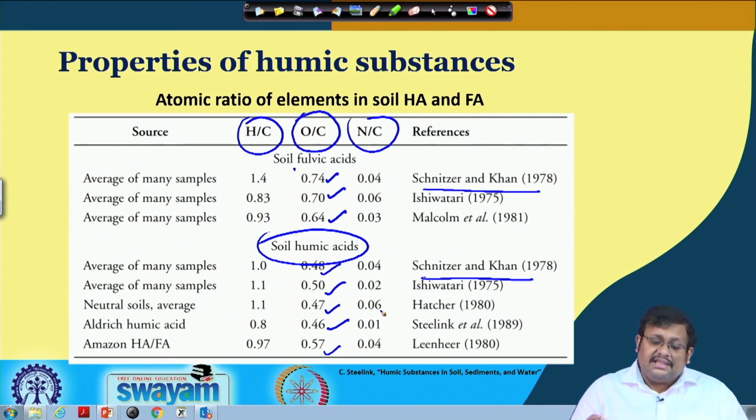So, one thing is clear, that this OC ratio can be an important criterion for separating two different types of humic compounds, that means humic acid and fulvic acid.